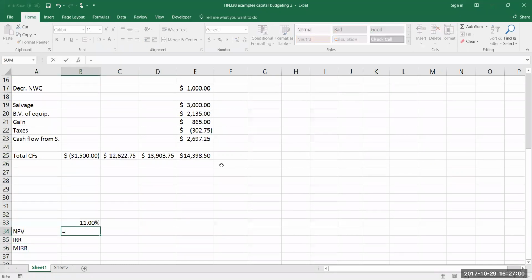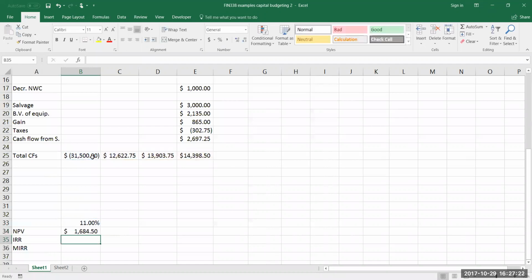If you've been following along with the videos, then you should know what's coming next. So equals NPV, open parentheses, it asks for the rate, comma, and then value 1. So we highlight from 1 through the end, close parentheses, plus year 0 outside the parentheses.